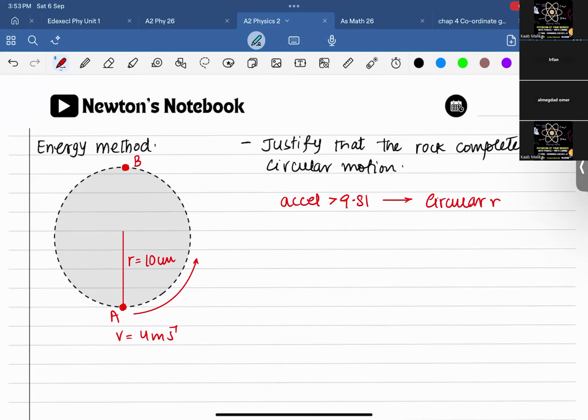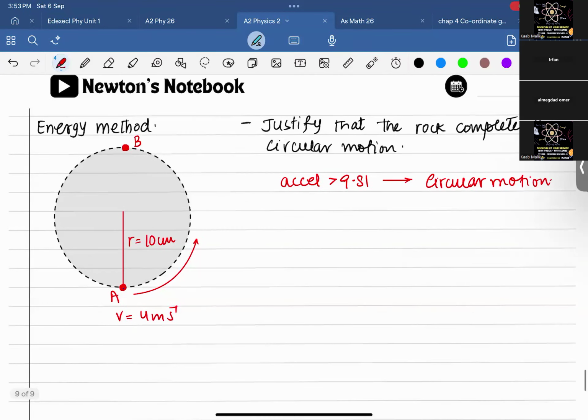But at A or at B? At B. Because at A, it is easy to complete the circular motion through point A, but difficult to complete the circular motion from point B, right? Because at point B, there will be minimum tension.